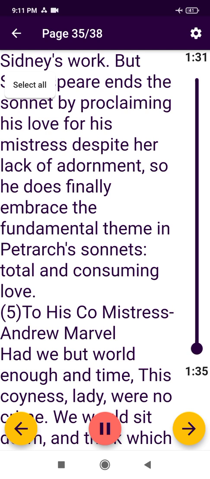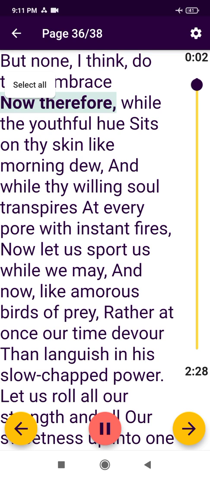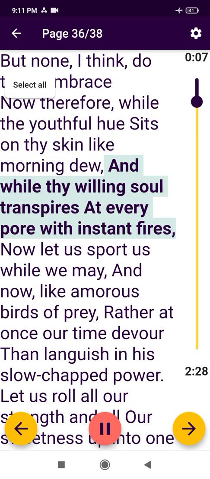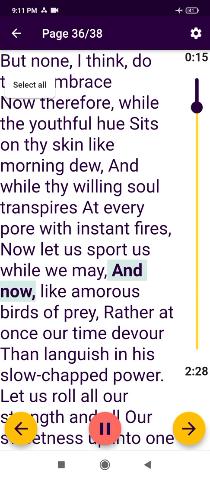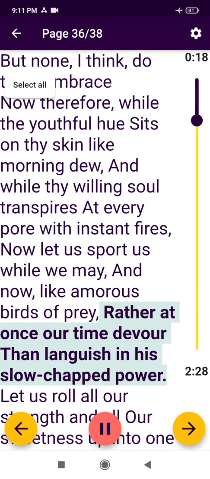The grave's a fine and private place, but none, I think, do there embrace. Now therefore, while the youthful hue sits on thy skin like morning dew, and while thy willing soul transpires at every pore with instant fires, now let us sport us while we may, and now, like amorous birds of prey, rather at once our time devour than languish in his slow-chapped power.